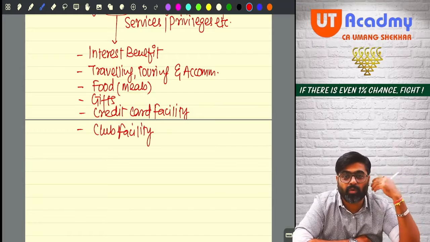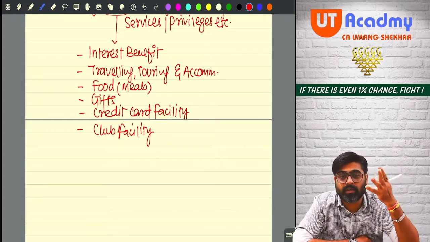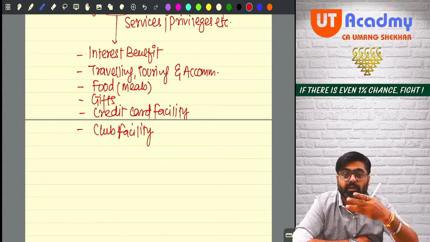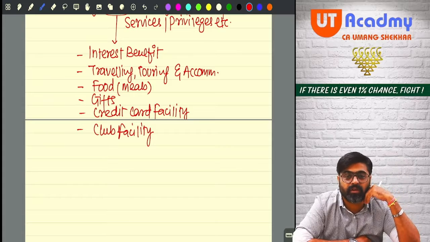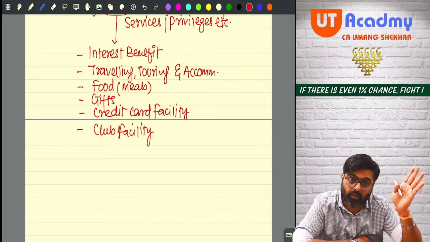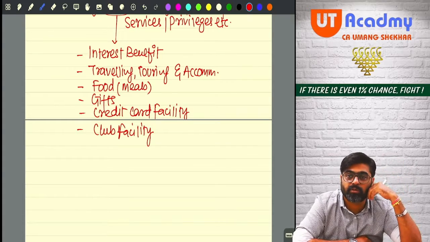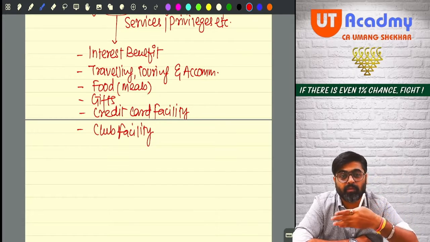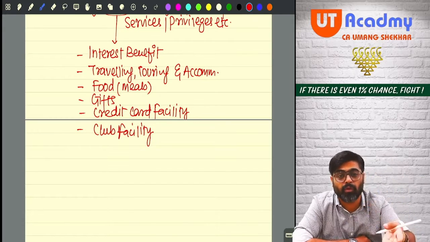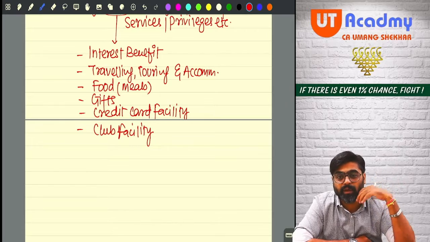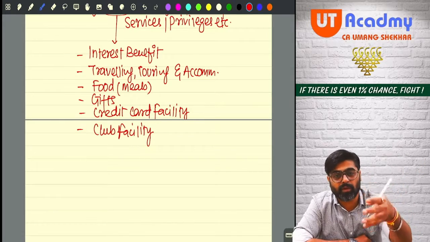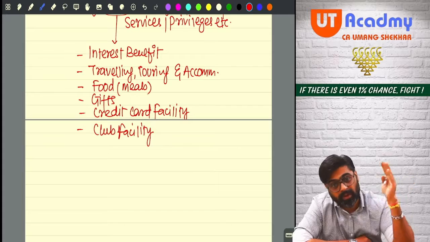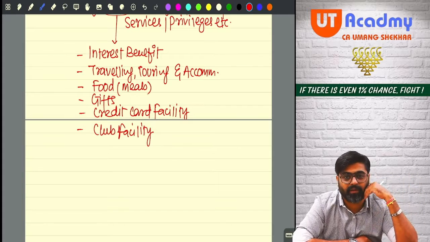Then again they came to know that not just interest benefit, the employer is giving benefit in the form of traveling, touring and accommodation facility also. So they notified traveling, touring and accommodation also. Then they came to know that the employer is giving benefit in the form of providing meals, providing food to the employees. Yes or no? So by providing food also the benefit is given.